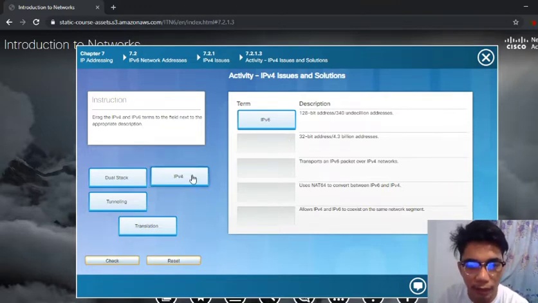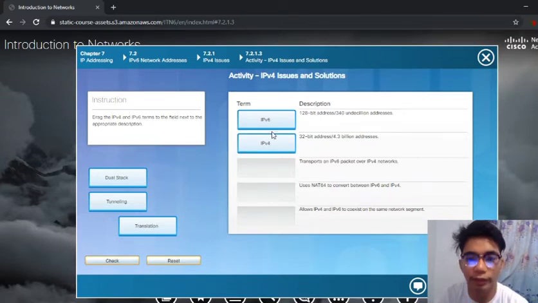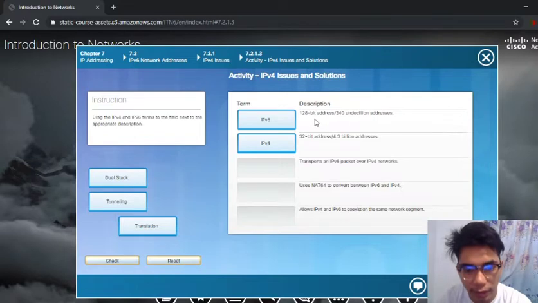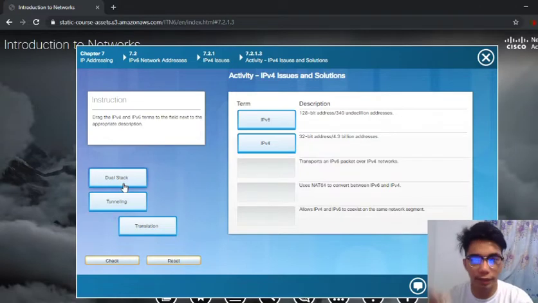Then the 4.3 billion will be the IPv4. It is a 32-bit address. Then the 128-bit address is just like that. Then transport an IPv6 packet over an IPv4 network. It's just like a tunnel, like a cloud in here, then a cloud in here.